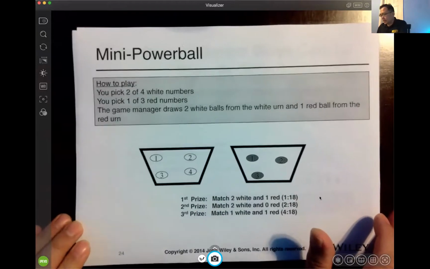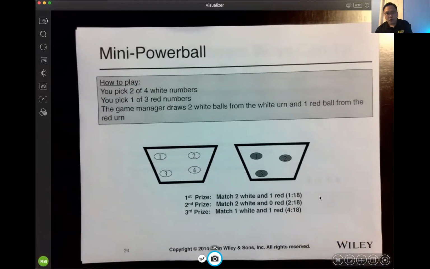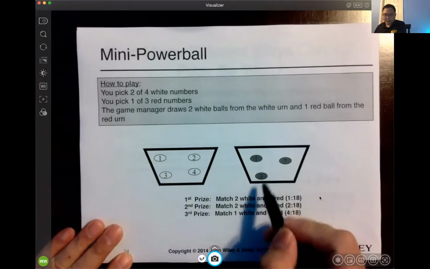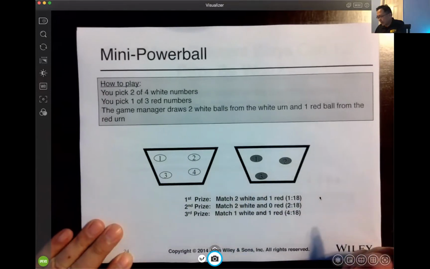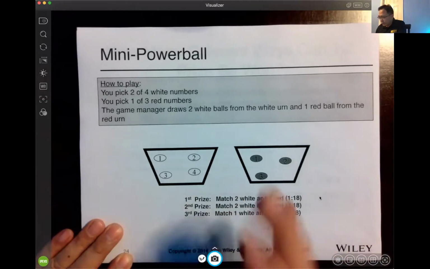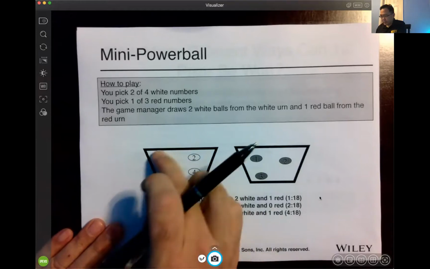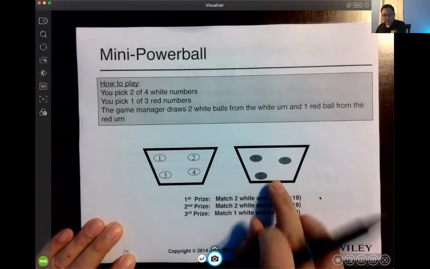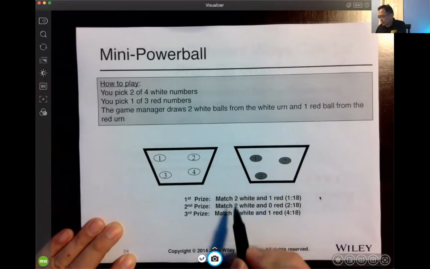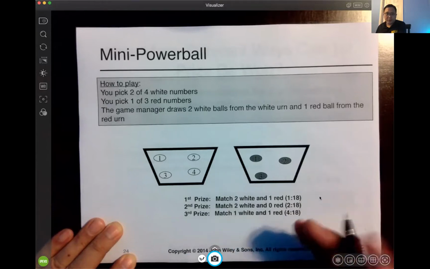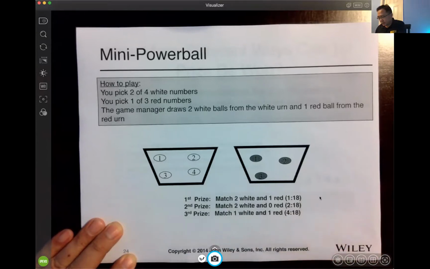Let's say we just have 4 white balls and 3 red balls. And our first prize will be, if you pick 2 white balls from this urn and 1 red ball from this urn, and all those white balls and the red ball match the game manager's lucky balls.